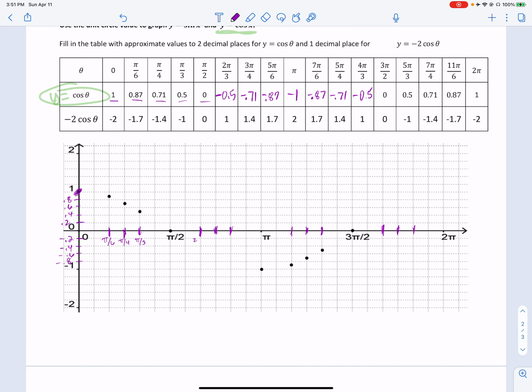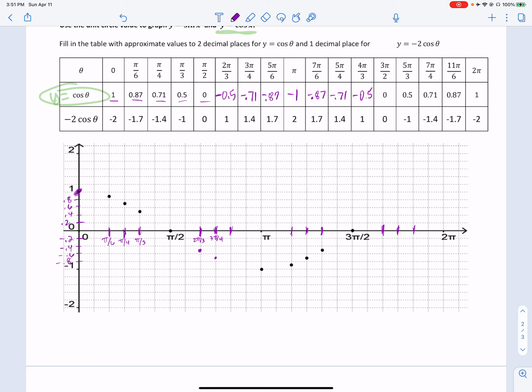And then at 2 pi thirds, cosine's negative 0.5, and at 3 pi fourths, oops, it is going to be negative 0.71.